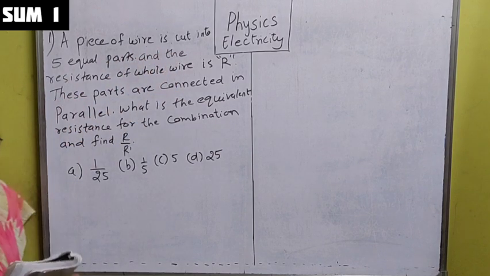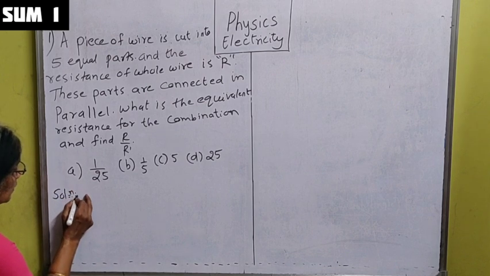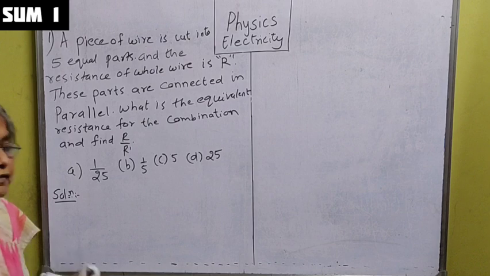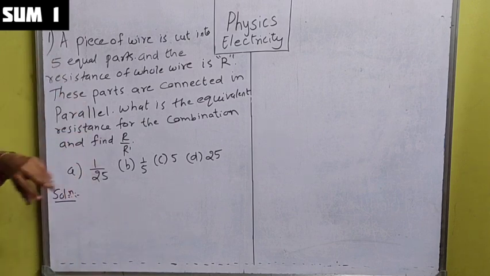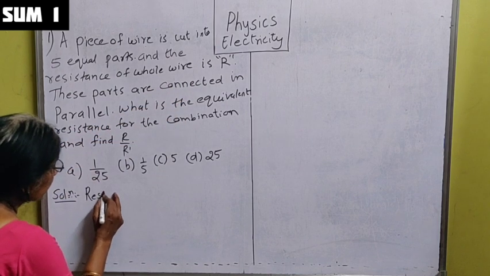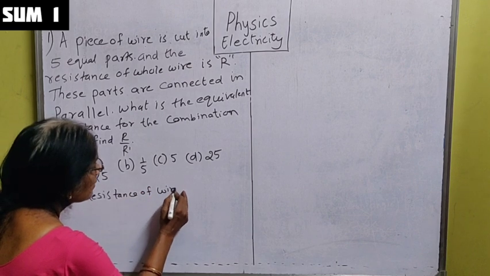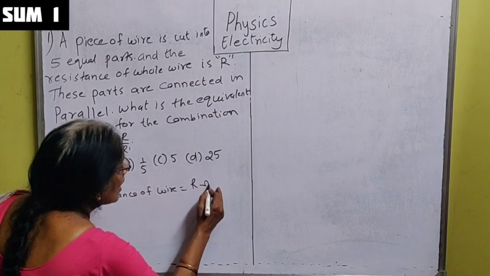So, let us do this sum. Solution. What will we start first? We know what is given, the resistance of the whole wire. So, we will write down that resistance of wire is equal to R ohms.